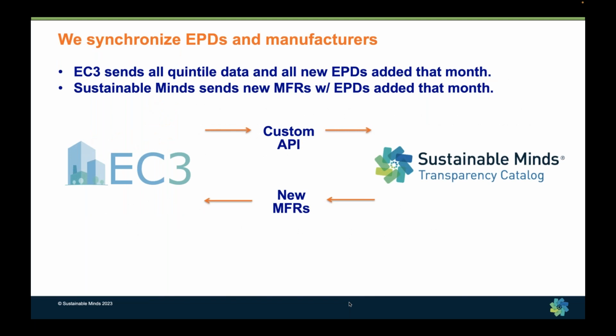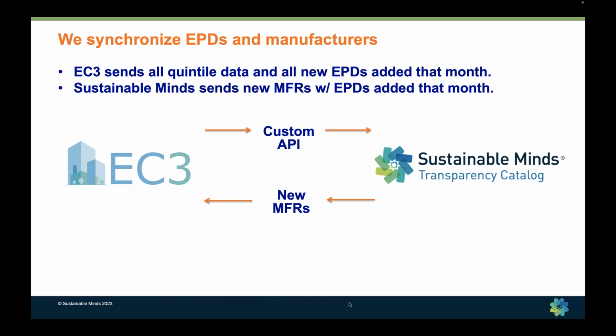So how are EPDs shared and maintained between the EC3 tool and the Transparency Catalog? EC3 sends all new EPDs and new quintile data that is added to the EC3 tool in a month. And our data team at the Transparency Catalog then updates the catalog with the new data from the custom API we get from EC3.